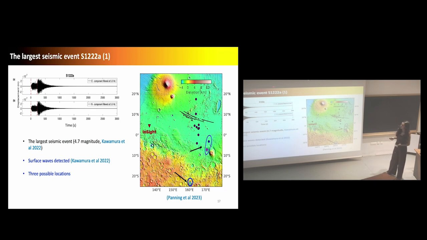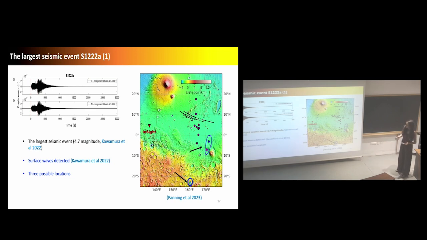We tried to check a lot of things, but we were able to have a final hypothesis with this event, which is the 1222I. It is the most energetic seismic event that we got on Mars. It's magnitude 4.7. So with this event, we were very lucky because we observed the surface waves. And there have been several studies using this event with several methods, including polarization of P and S waves and also surface waves.